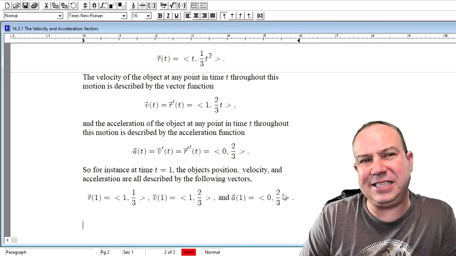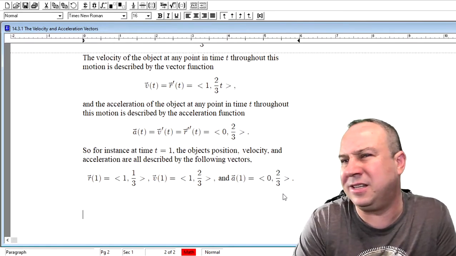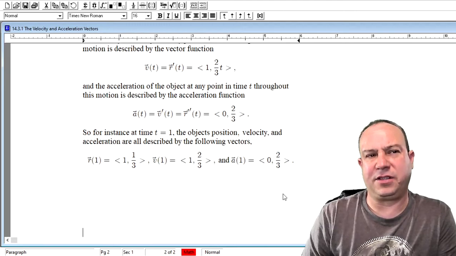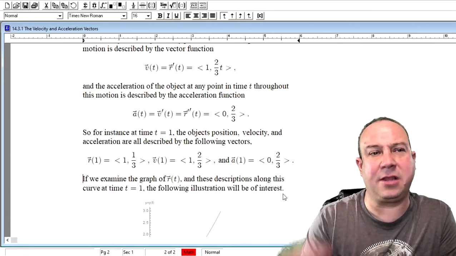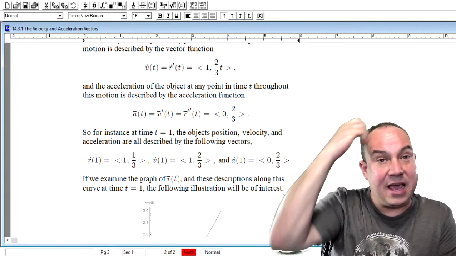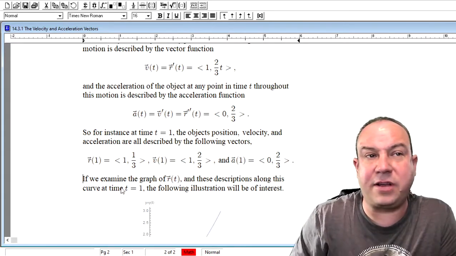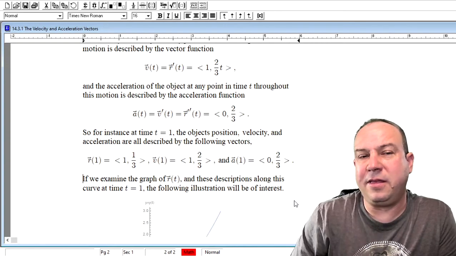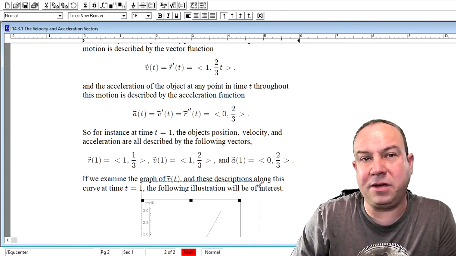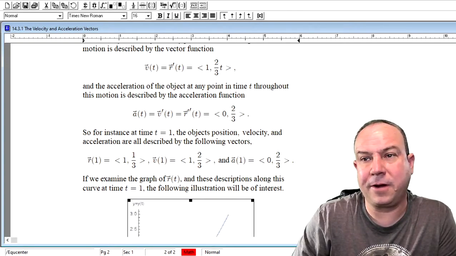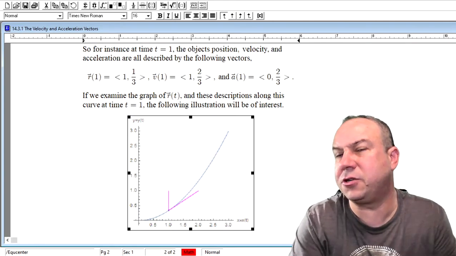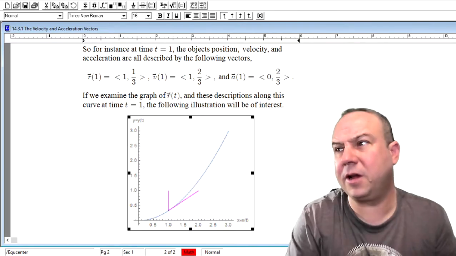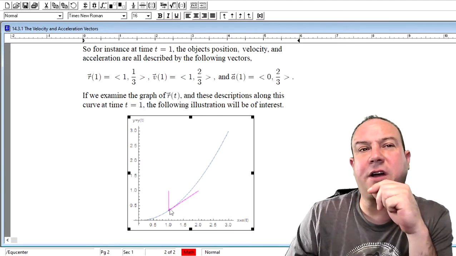That may not be a description that is easy to interpret until we look at an illustration of this motion and this position in space. So if we examine the graph of r bar of t and these descriptions along the curve at time t equal to 1, the following illustration is going to be of interest. What we have here is our vector curve.